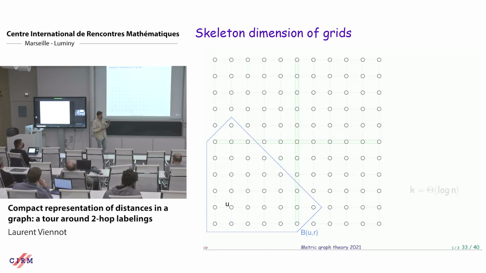So now if you have a regular grid, with vertical and horizontal edges, and imagine you have many paths in a grid, the skeleton dimension parameter is defined when you have unique shortest paths, when you have decided what is the shortest path you want to use.